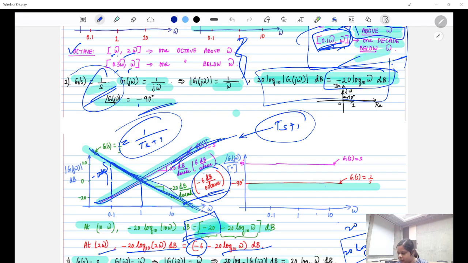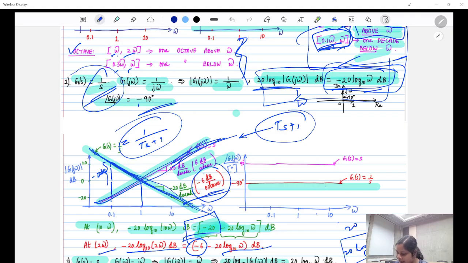Why is this minus sign coming over here? Because it would have actually been 20 log 10 of G(j omega), and if you substitute 1 upon j omega, and definitely we have to take the magnitude, so it is 1 upon omega. When you substitute 1 upon omega here, because of this inverse sign, we get a minus coming out, and we have omega in the numerator. That is the simple rule of logarithms, right? So this is what we get.